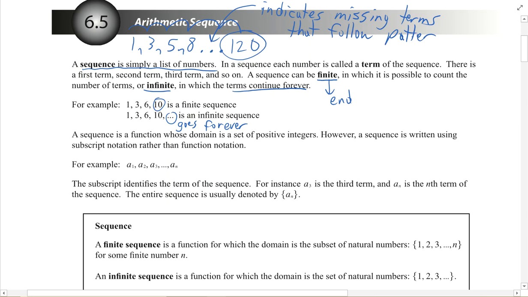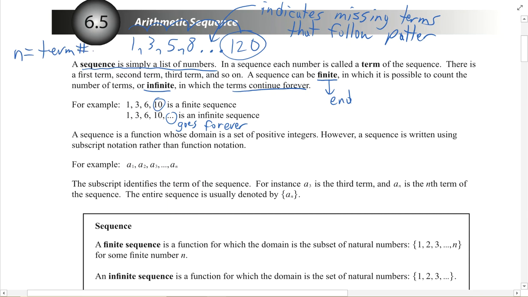And so we have to introduce the letter n. n is the term number of the sequence. So n equals the number of the term.